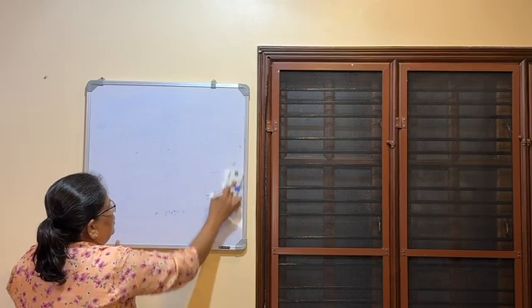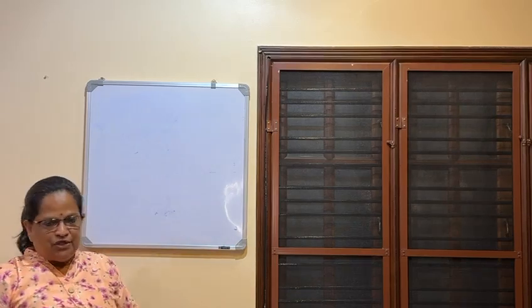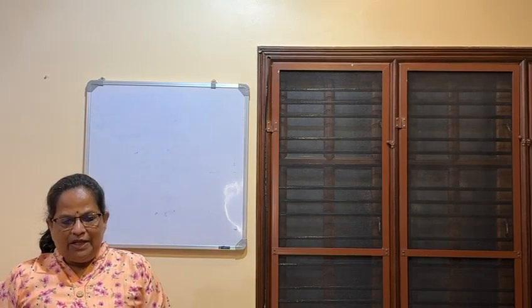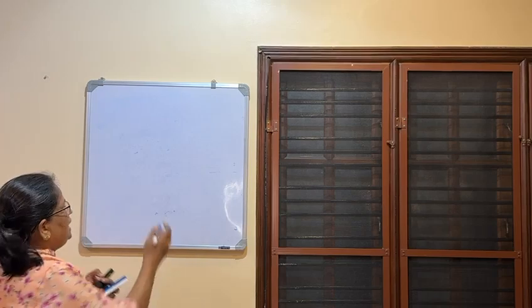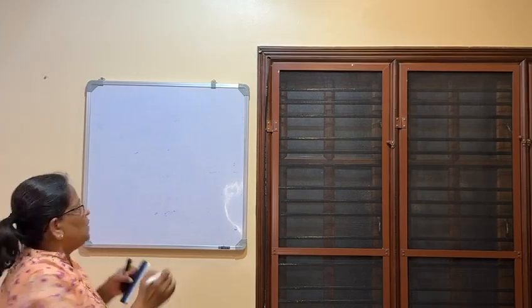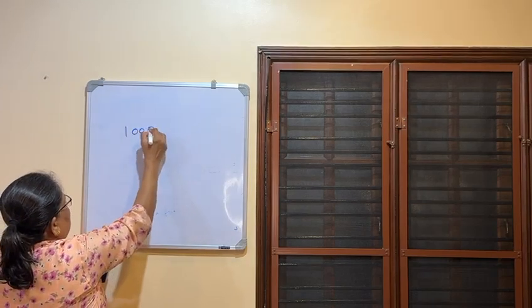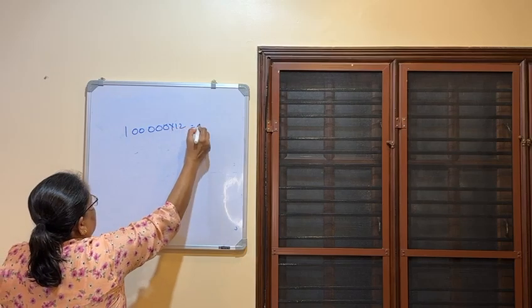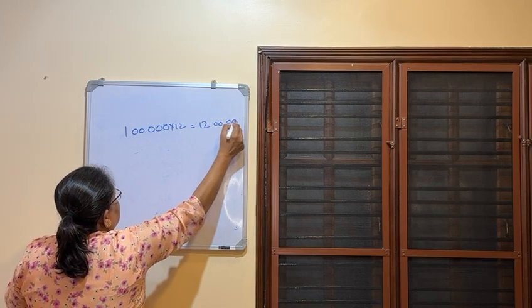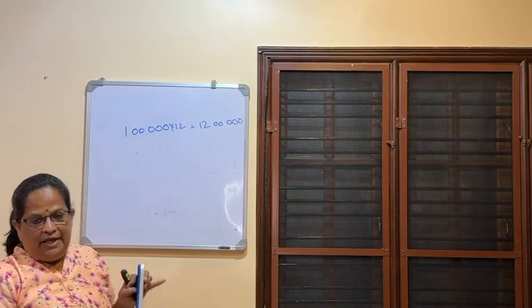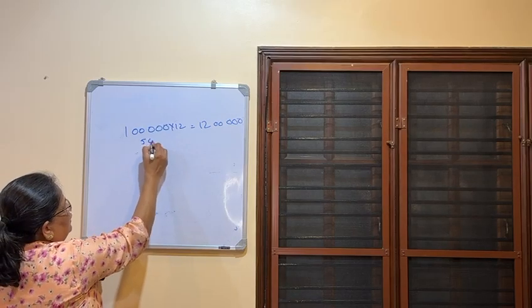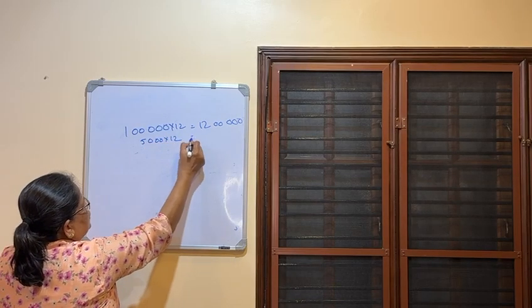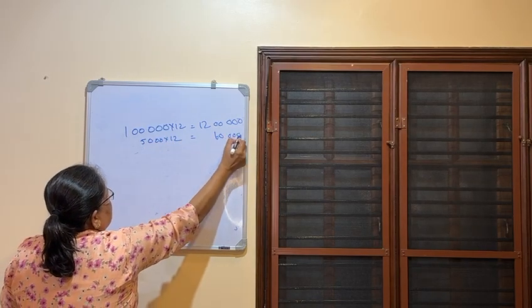So, for the salary for the computation of RFA, we have to calculate salary 1 lakh into 12, 12 lakhs, correct? Then DA 5,000 into 12, 60,000.